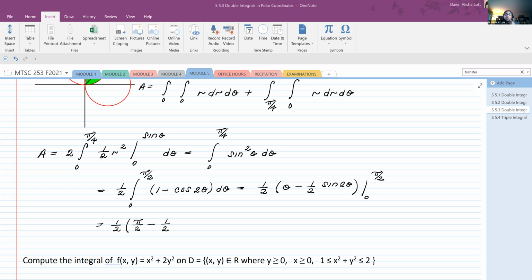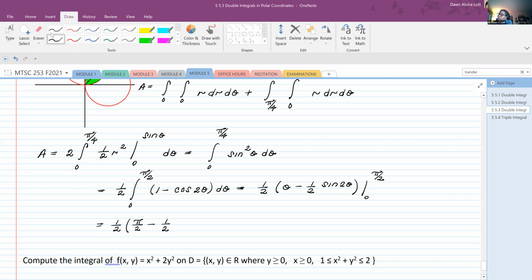I know why. Because I put in pi over 2 and it should be pi over 4. I just made up my own problem. That should be pi over 4, so this should be pi over 4, and this should be pi over 4.